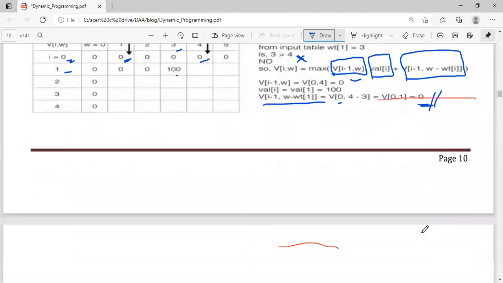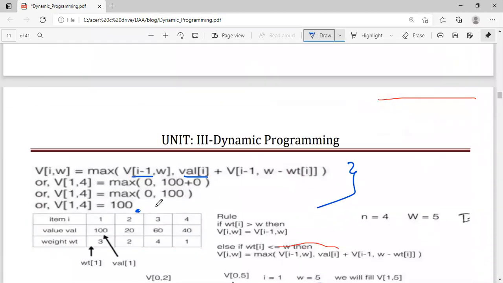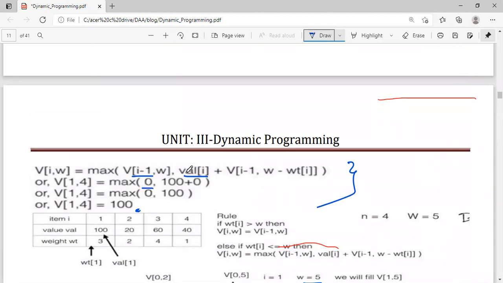This same thing we need to add in the formula. What value did we get for V of I minus 1 comma W? We got the value 0. Next, what is the value of profit for this I? It is 100. And V of I minus 1 comma W minus WT of I, we got the answer 0.